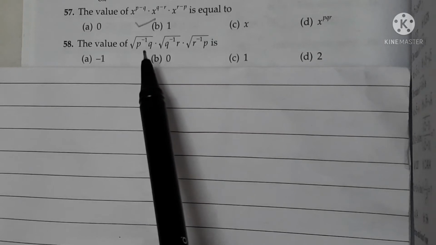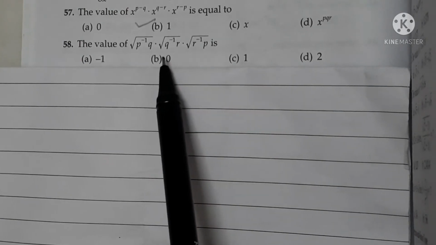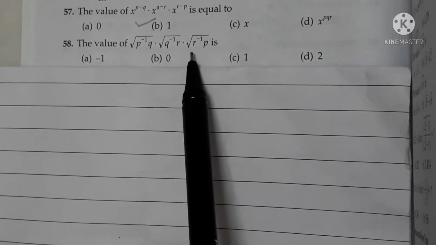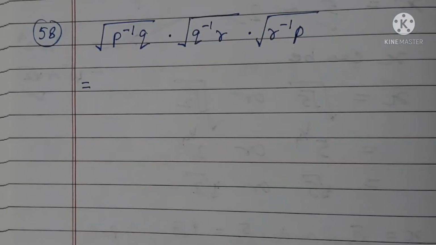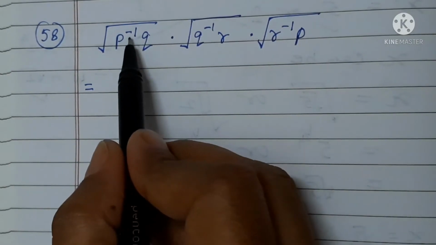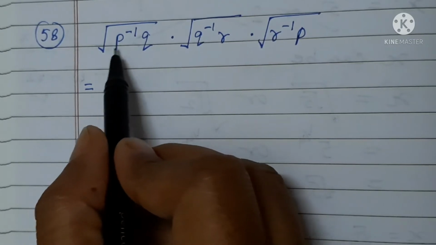The value of under root p to the power of minus 1 into q, into under root q to the power of minus 1 into r, into under root r to the power of minus 1 into p. Solve it. Now here power are minus, so you will reciprocate to make this positive.